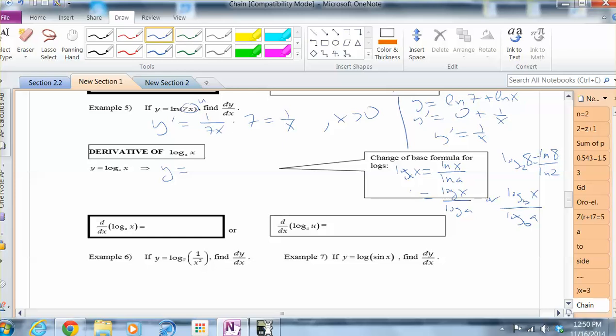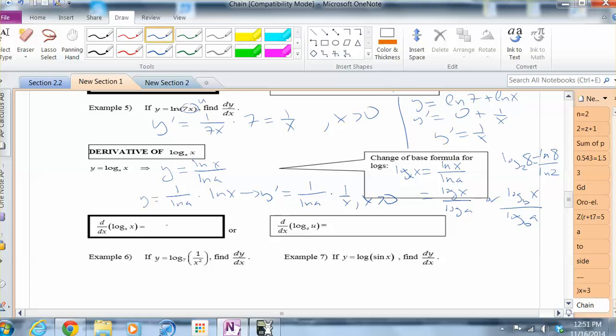Now coming back here, again, we can rewrite log base a of x as this, or 1 over ln a, which is a constant, times ln x. So the derivative will be 1 over ln a times 1 over x, given that x is greater than 0.